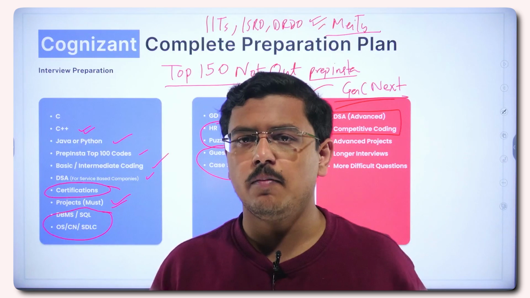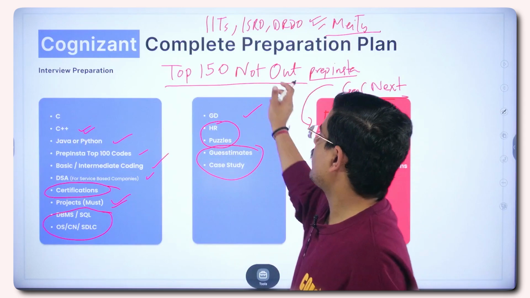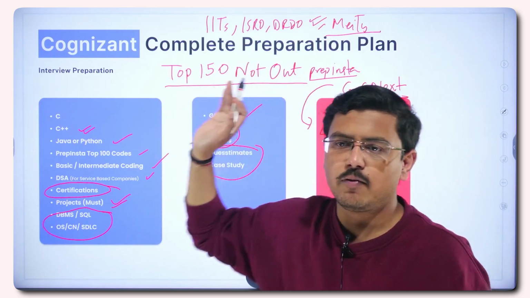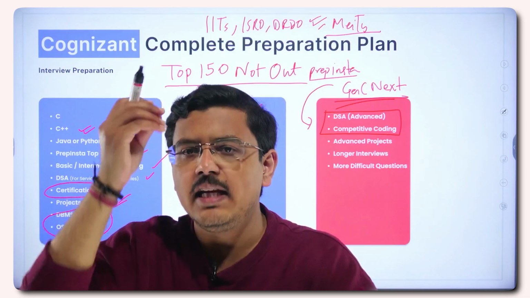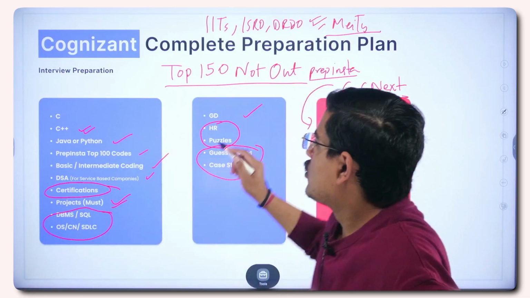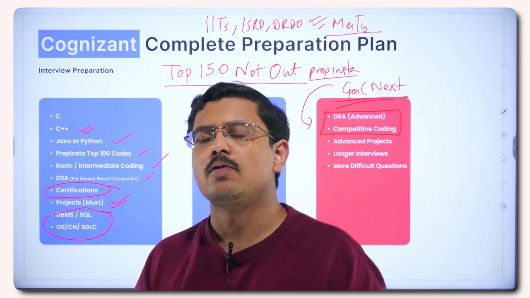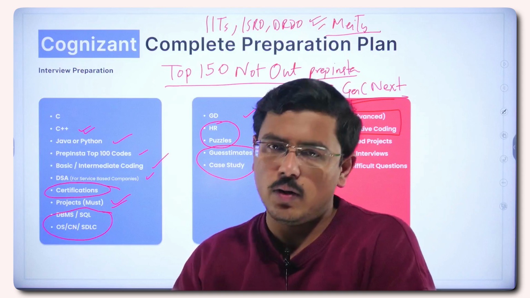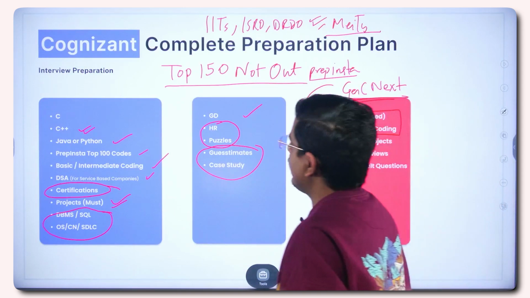DP, greedy approaches, Kadane's algorithm, all these would be covered when you complete this top 150 not out list. And if you solve these patterns, you can solve any problem on earth. I'm not kidding, any problem on earth, fine. So this is one thing you should focus upon a lot, and this will help you a lot, and I'm genuinely speaking on this. And this is free of cost, so that can help you out.